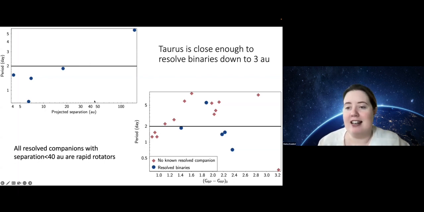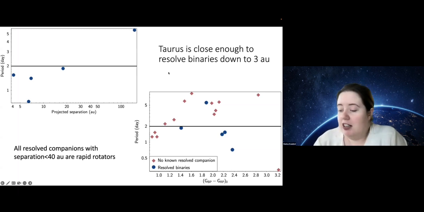So that's exactly the separation range where we think the stars should spin up. The sole resolved binary that isn't a rapid rotator has a separation of approximately 150 AU, so that's probably too far out to have a meaningful effect.